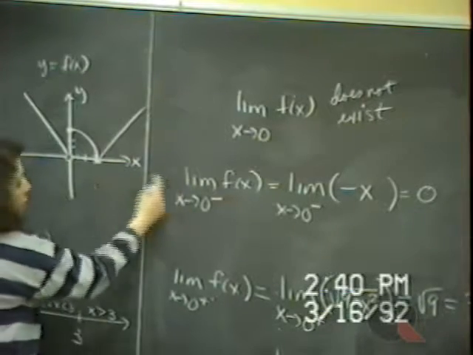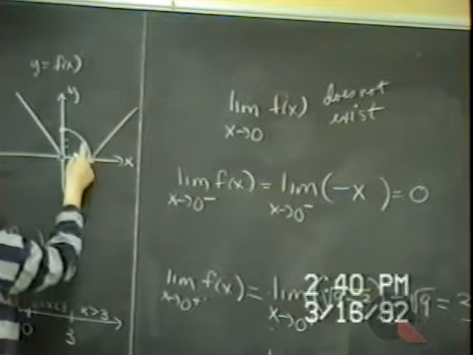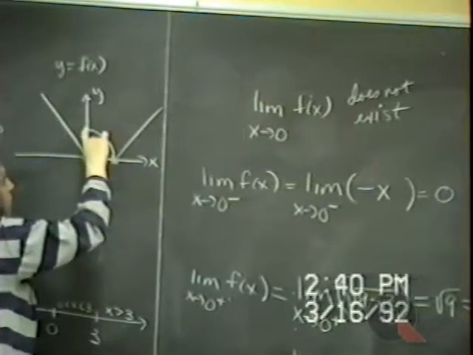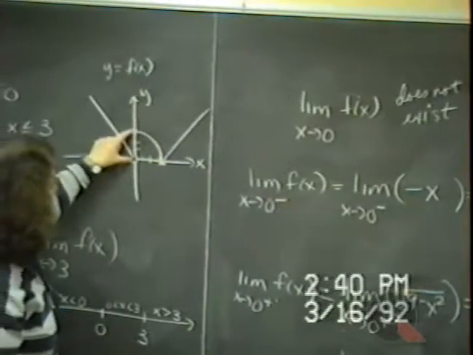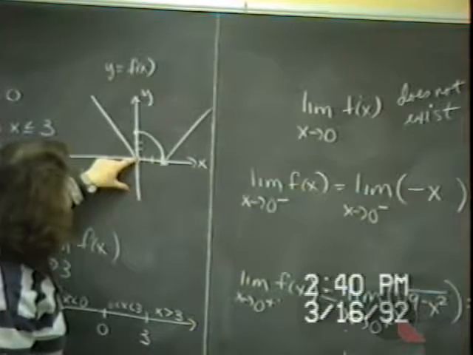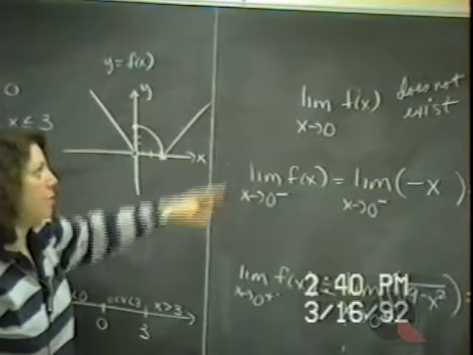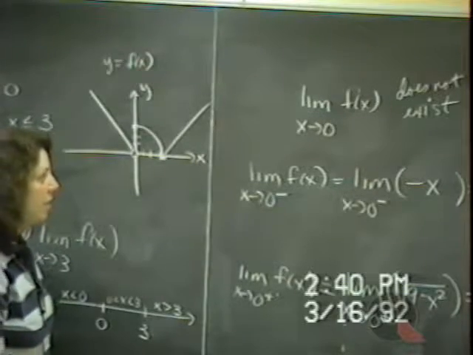As you approach 0 from the right, the road ends at a point whose y value is 3. It's only when these roads come together that the limit will exist. Since the left-sided limit was 0 and the right-sided limit was 3, the two-sided limit does not exist.